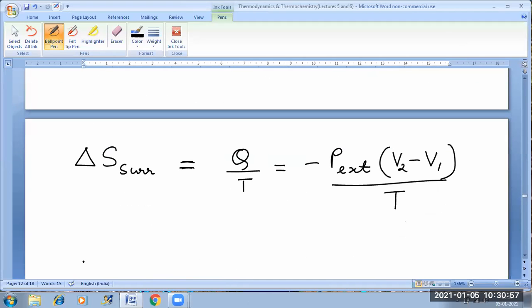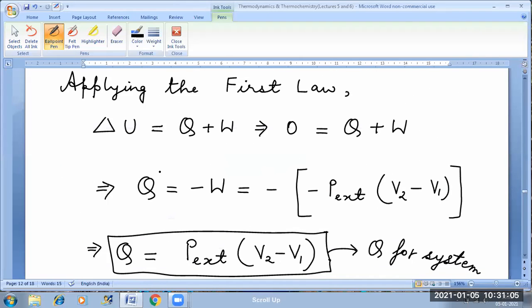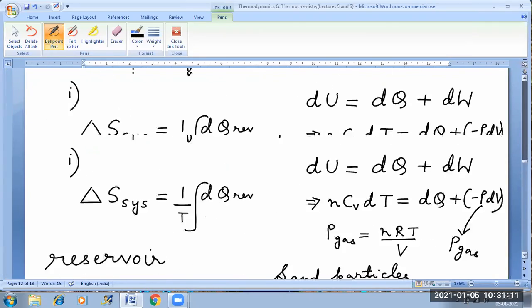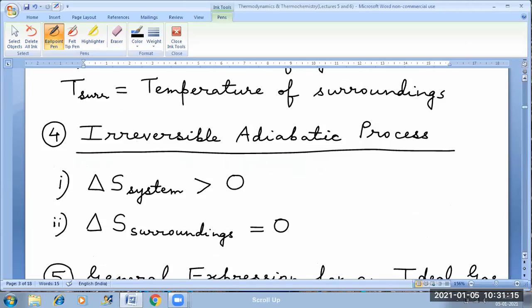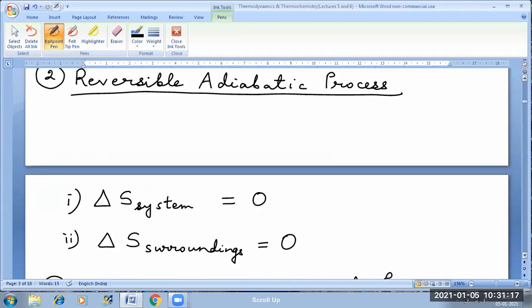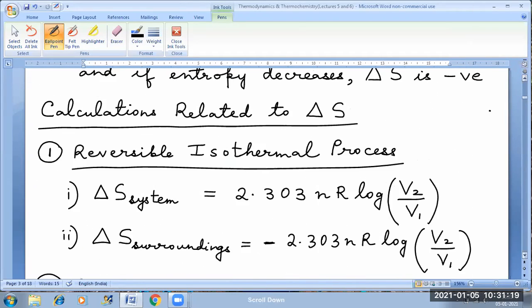So these are the derivations which I did, just for you to understand. These formulae are all given to you in the form of a list here above. Here you have the formulae which we derived, starting with this.